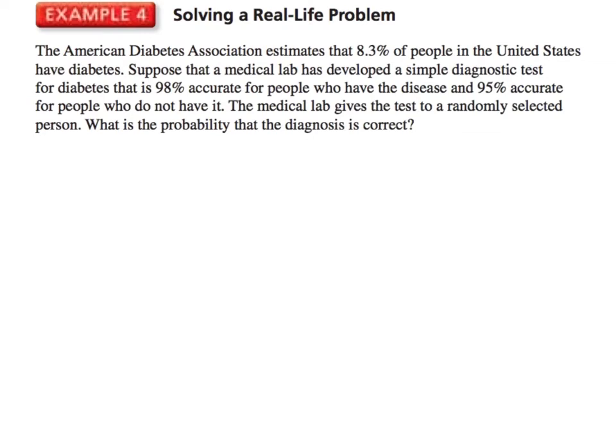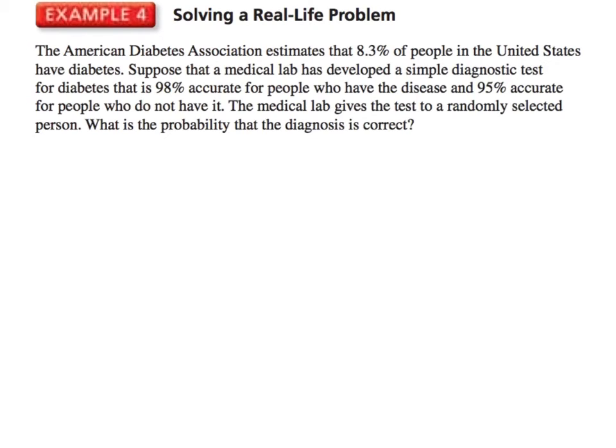Suppose that a medical lab has developed a simple diagnostic test for diabetes that is 98% accurate for people who have the disease and 95% accurate for people who do not have it. The medical lab gives the test to a randomly selected person. What is the probability that the diagnosis is correct?